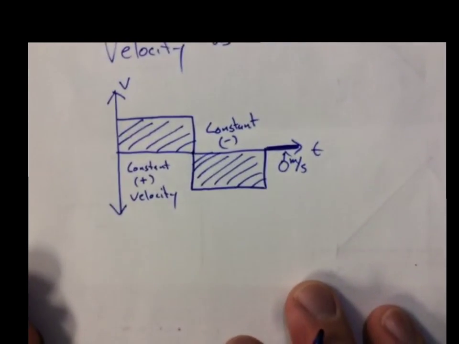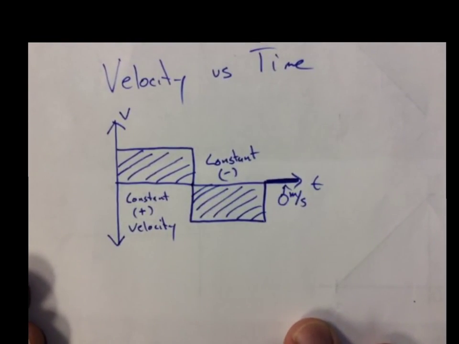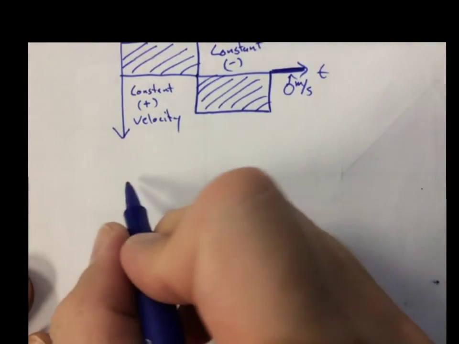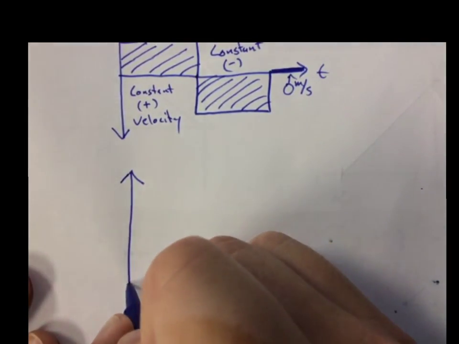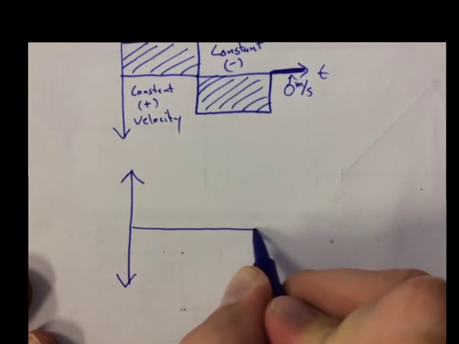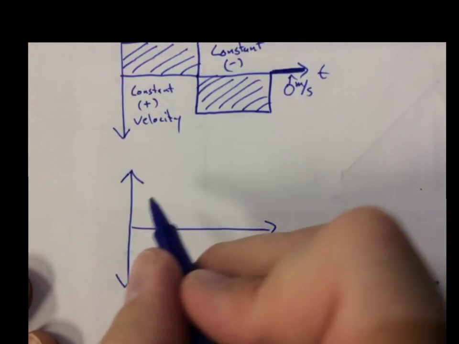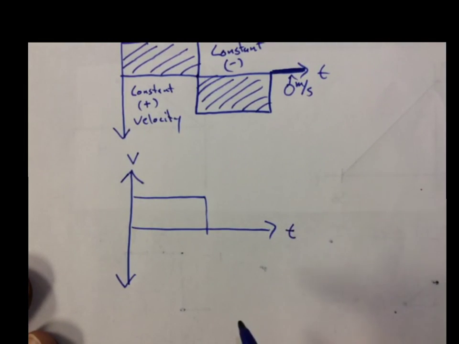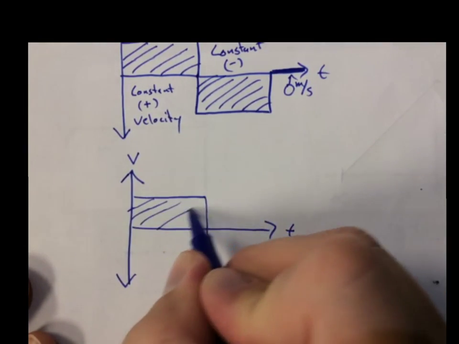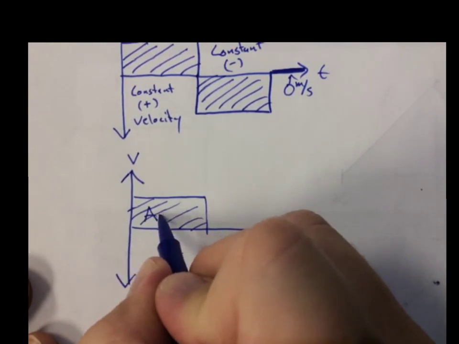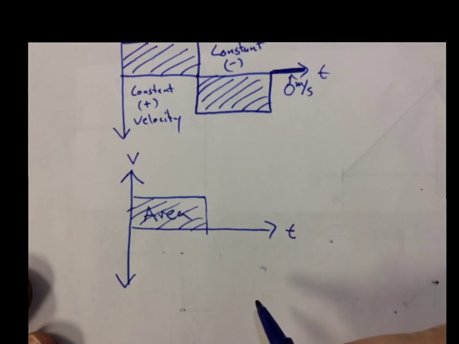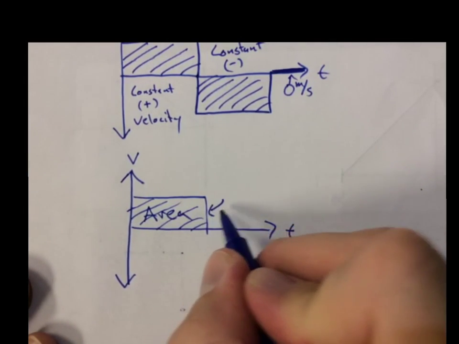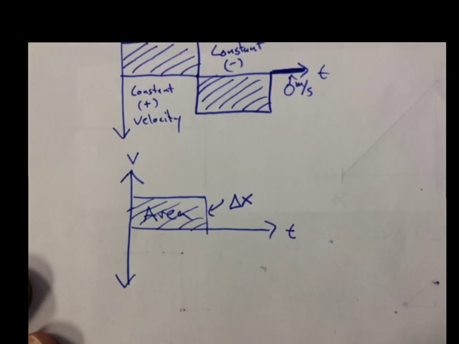Okay? The other thing we want to take a look at on a velocity versus time graph is the neat little shortcut on how to find displacement. We found out that on a velocity versus time graph, if you take a look at the area of that curve, what you're actually going to get is the object's displacement.